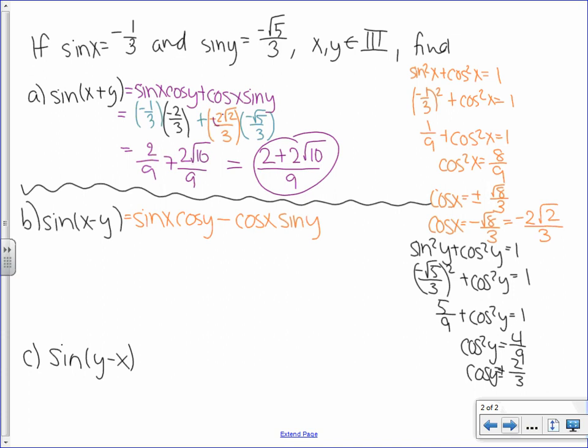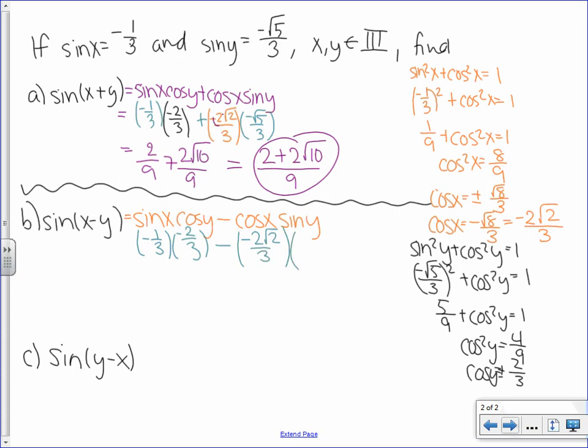So my sine of x was negative 1/3. My cosine of y was what I figured out in the black over there, and that was negative 2/3. Minus cosine of x is what I figured out in the orange. That's going to be negative 2 the square root of 2/3.